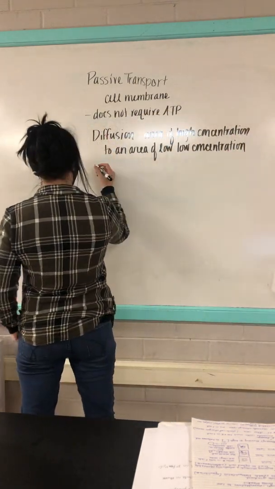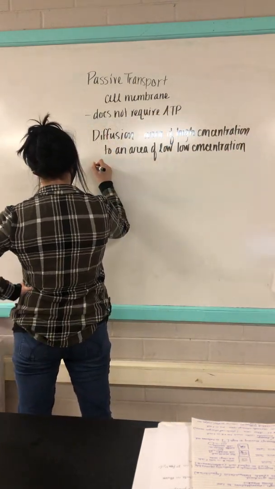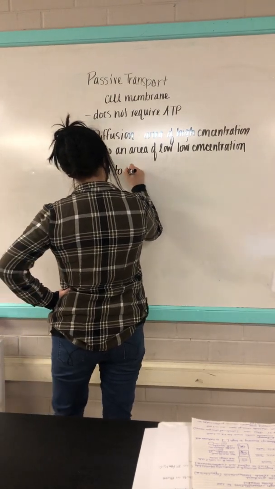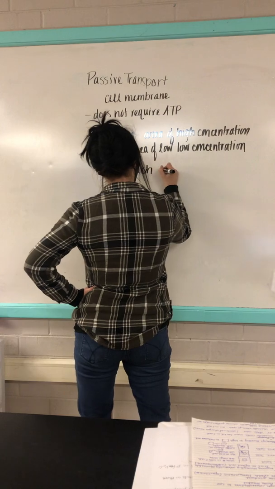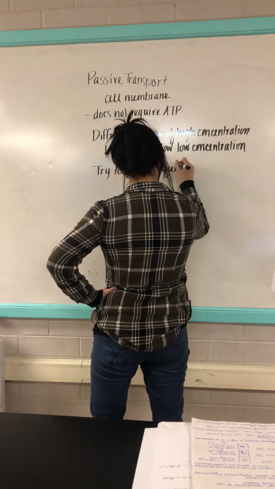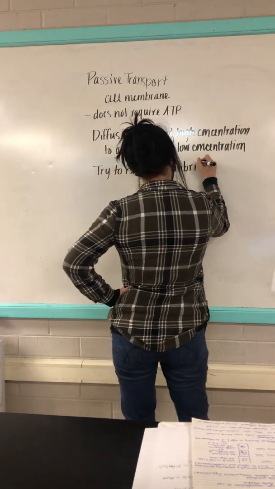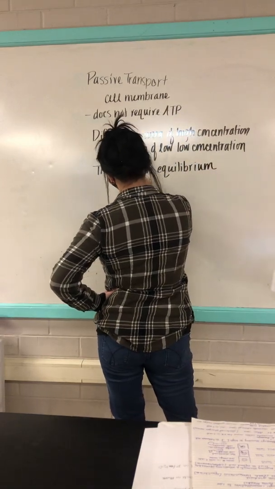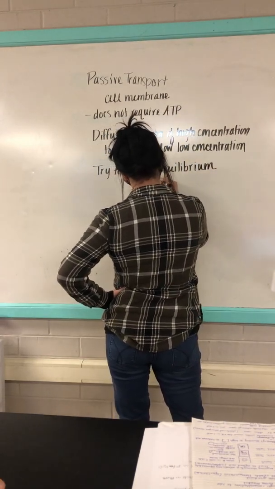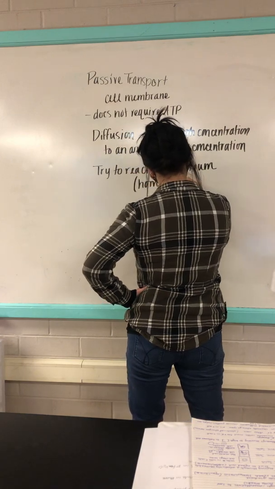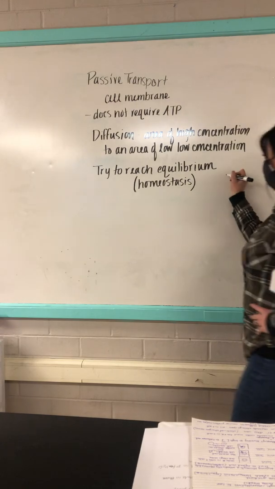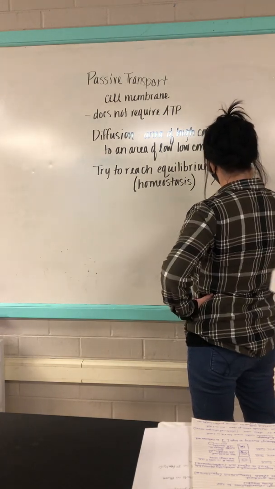So with passive transport, diffusion, osmosis, stuff we're trying to talk about, they try to reach equilibrium, or sometimes you will see this referred to as homeostasis. This is just basically meaning it's trying to reach a balance.